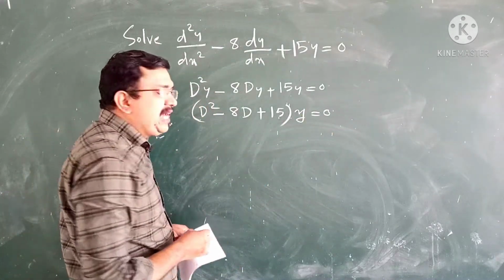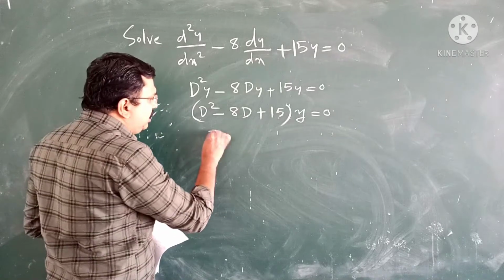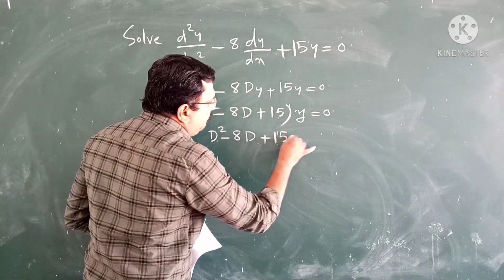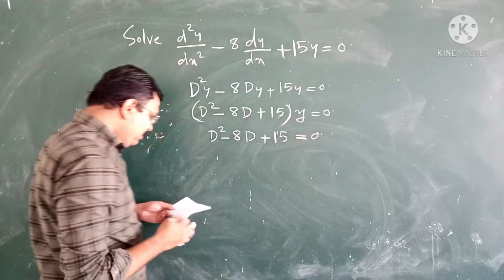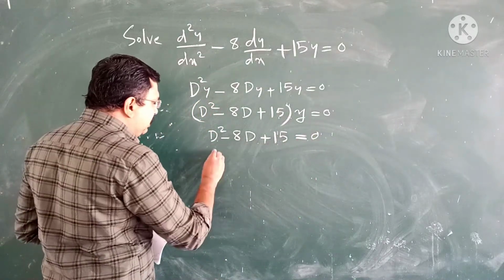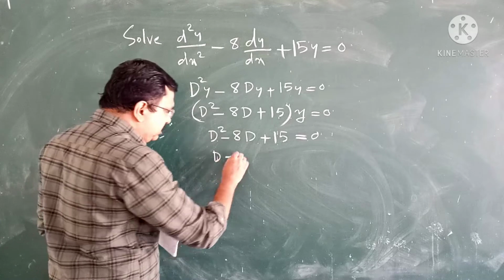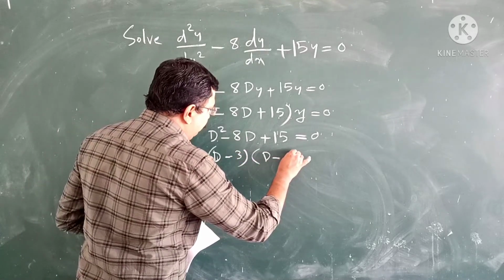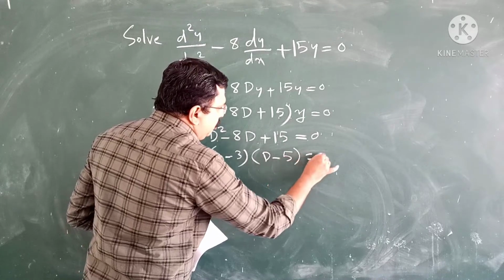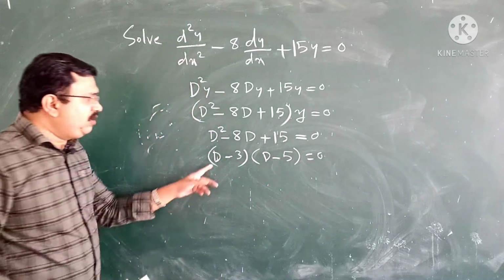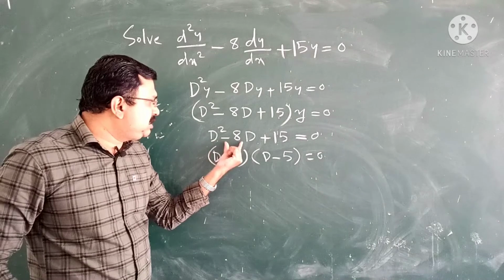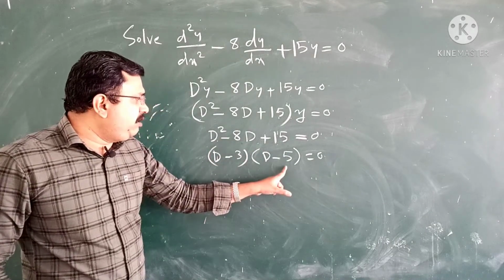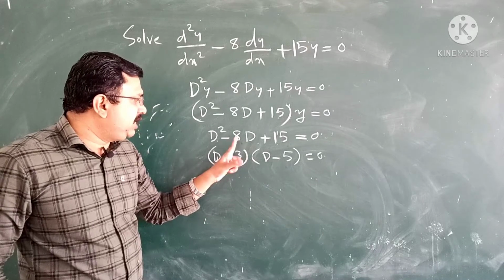Therefore, what is our auxiliary equation? Our auxiliary equation is D square minus 8D plus 15 equal to 0. This can be written as (D minus 3) into (D minus 5) equal to 0. When we are solving, here the sum is minus 8, product is 15. Minus 3 and minus 5, sum is minus 8.